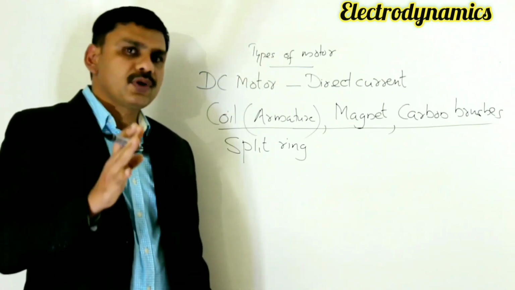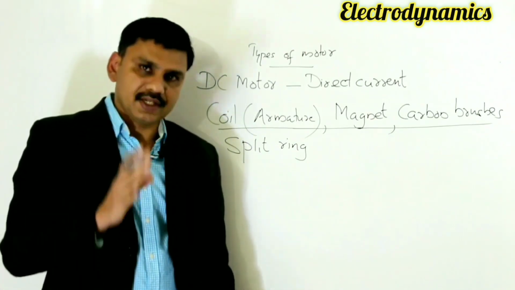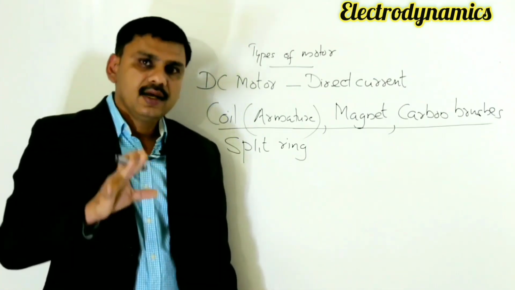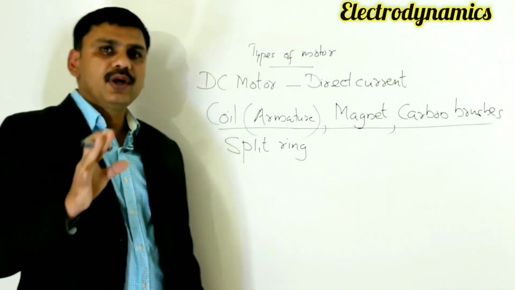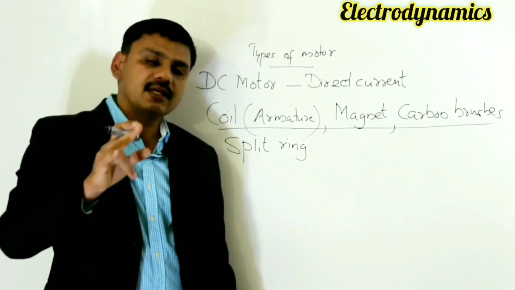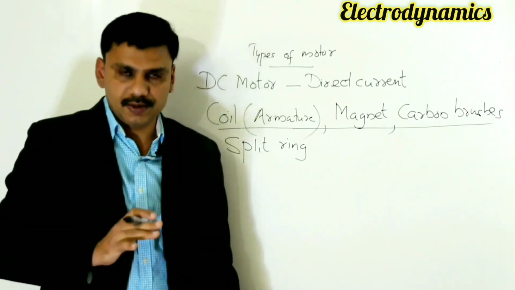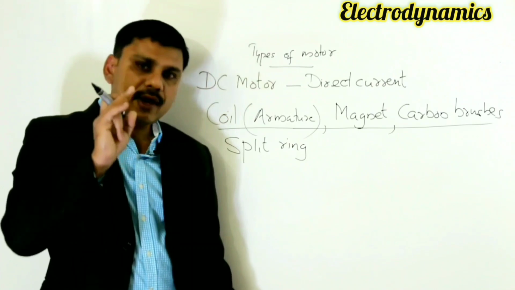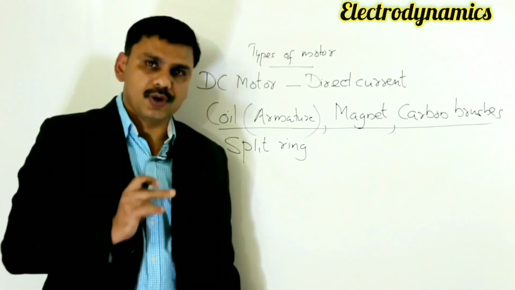In the case of a motor, there is an external source, that is a battery. A battery will be there when you see a motor, or an energy source will be there. With that energy source, the motor is working. So when you see a diagram, how can you identify whether it is an electric motor or not?